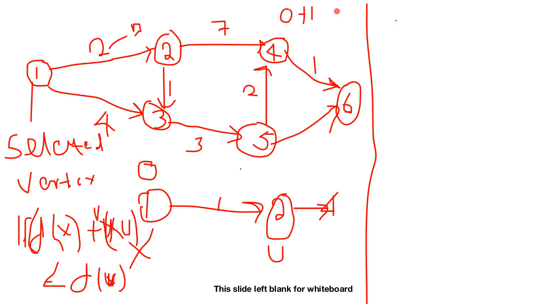If this is less than the distance that is in U, where the distance in U can be determined by different routes that we are having. Remember, we can have this route moving from 1 to 2, then from 1 to 3.